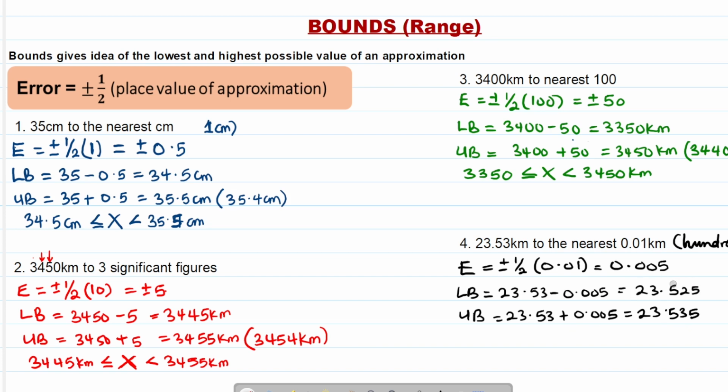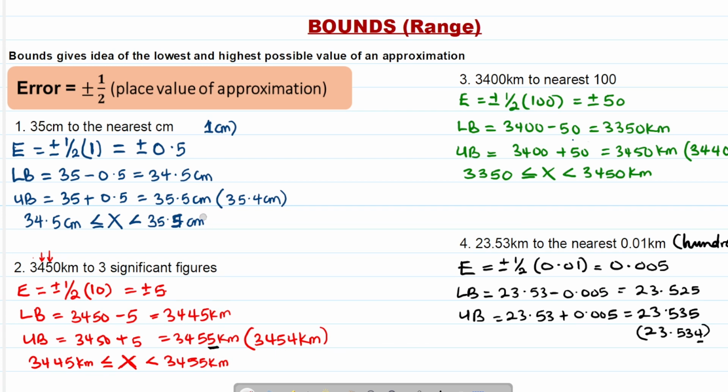Again, the lower bound here means the lowest possible value that could have been approximated to the nearest 0.01 to give 23.53. While the upper bound here again does not mean the highest possible value. So the highest possible value that could have been approximated to give 23.53 kilometer will be 23.534.